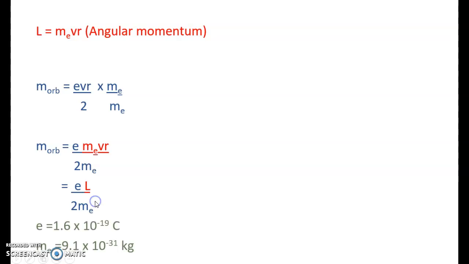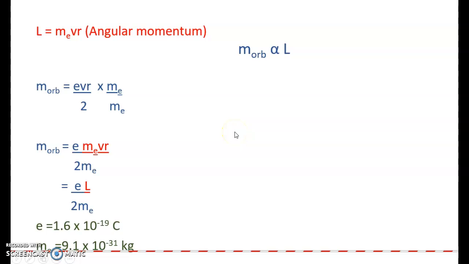We know that e is equal to 1.6 into 10 raised to minus 19 coulomb, that is the charge on the electron, and the mass of the electron is 9.1 into 10 raised to minus 31 kg. So we can write that the orbital magnetic moment is directly proportional to the angular momentum of the electron. So if the angular momentum of the electron increases, the orbital magnetic moment also increases.